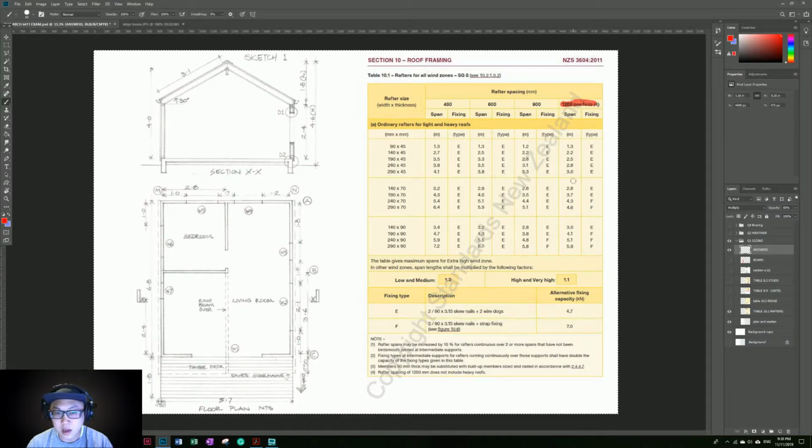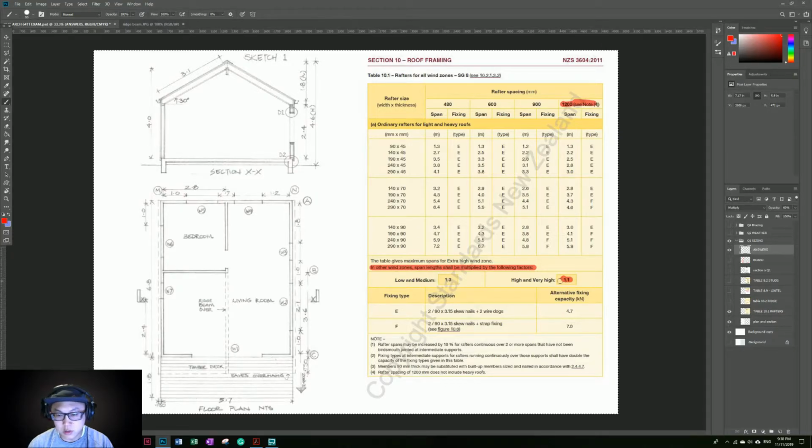The span is from here to here, it's 3.1, so it needs to be at least 3.1. Oh wait, for another wind zone the span should be multiplied.